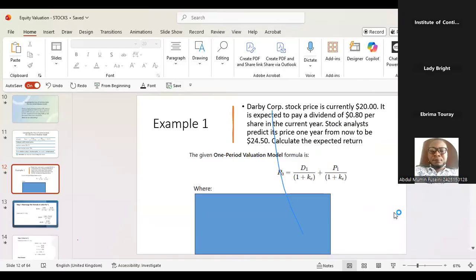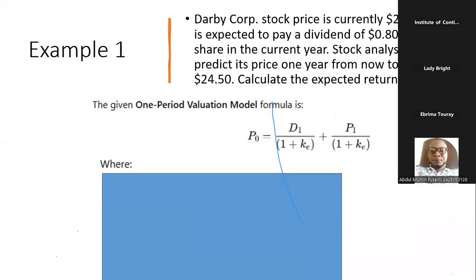Or we are not doing palm nut soup. So your ingredients will tell you. So we are asked to calculate expected return. Let's see.